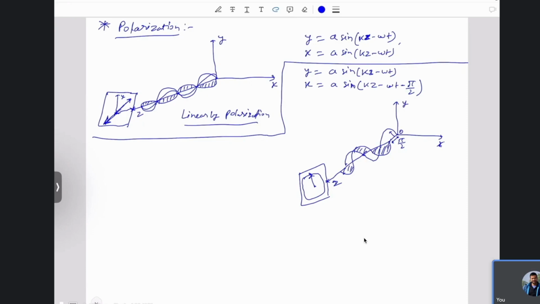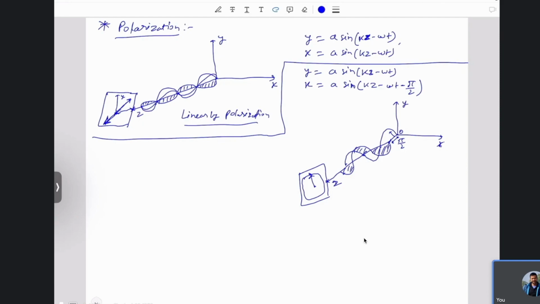Then slowly, when you take the resultant of these two at z equal to pi by 2, it is at some angle with respect to the y-axis, and this angle changes gradually, and so you get your electric field vector at all the angles. So you get a circle, okay.